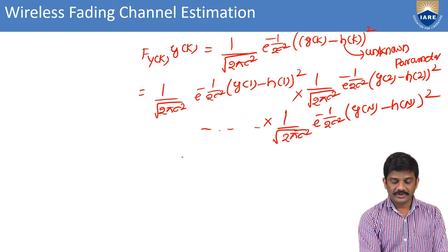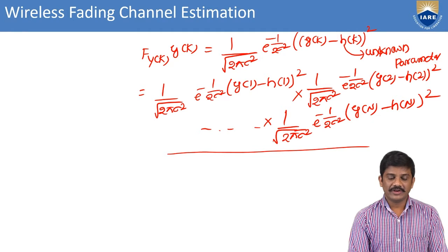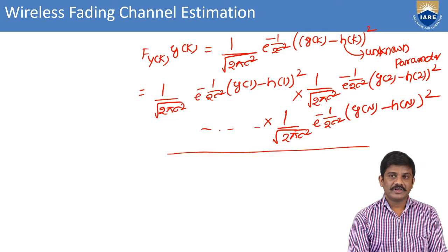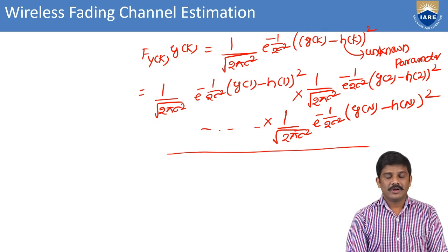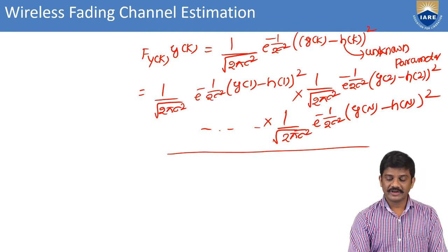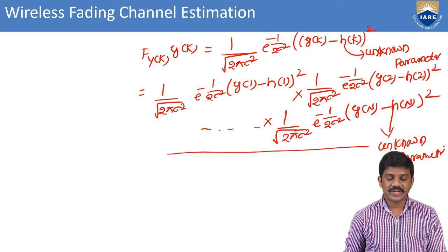This is the function of the unknown parameter in the likelihood function of wireless channel estimation. These are the individual pdfs, the probability density functions. The unknown parameter of the function is always h, the unknown parameter in the likelihood function of the wireless channel estimation.